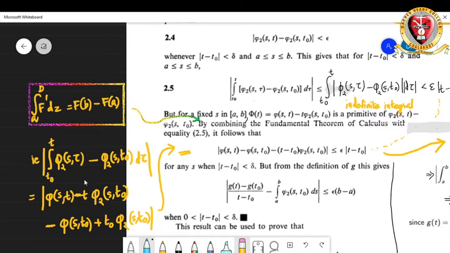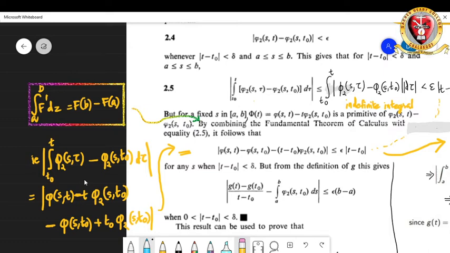So this modulus of integral is equal to modulus of Phi of st minus t into phi 2 of st naught minus Phi of st naught plus t naught into phi 2 of st naught. And then that is equal to modulus of phi of st minus phi of st naught minus t minus t naught into phi 2 of st naught.